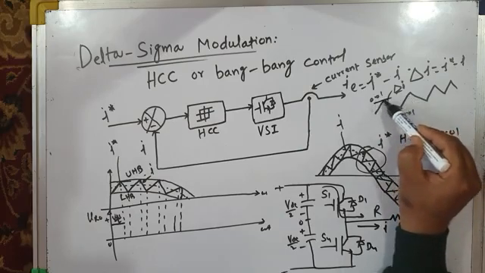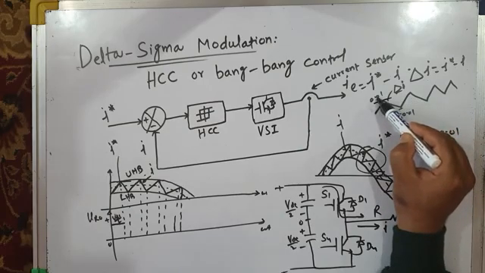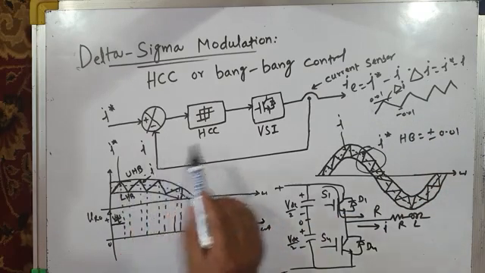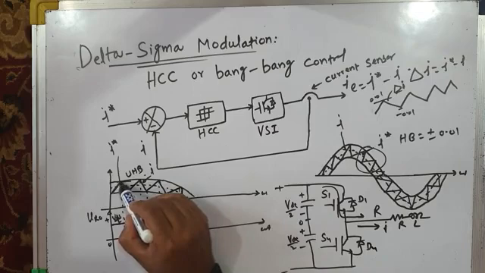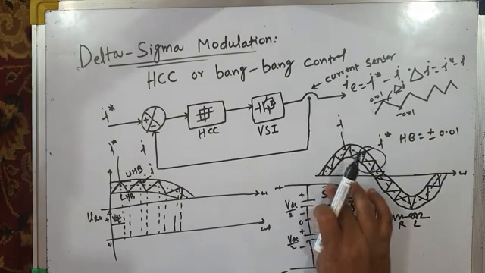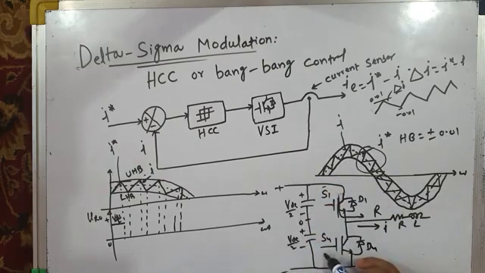As soon as this error touches the upper hysteresis band, 0.01, at that time your induction motor winding current has reached the highest value, positive peak. It will change the switching status of the inverter phase leg. It will withdraw the gating pulse to S1 and issue gating pulse to bottom switch S4.